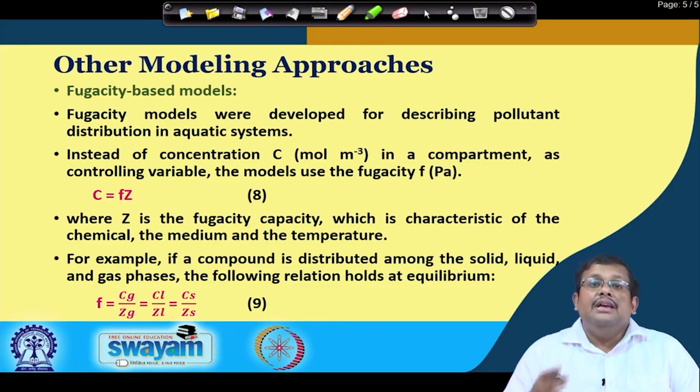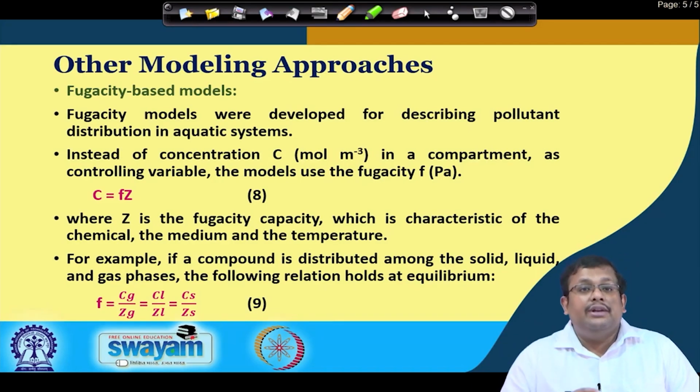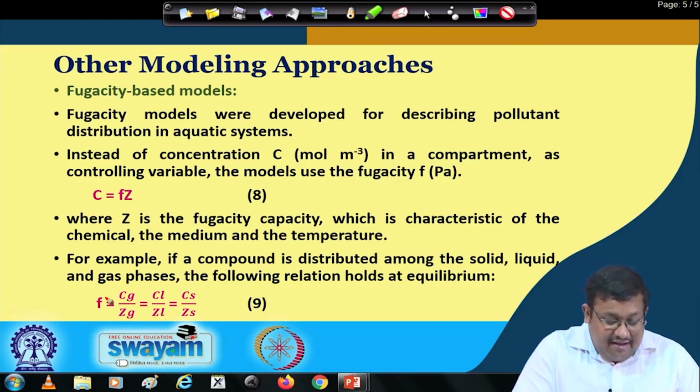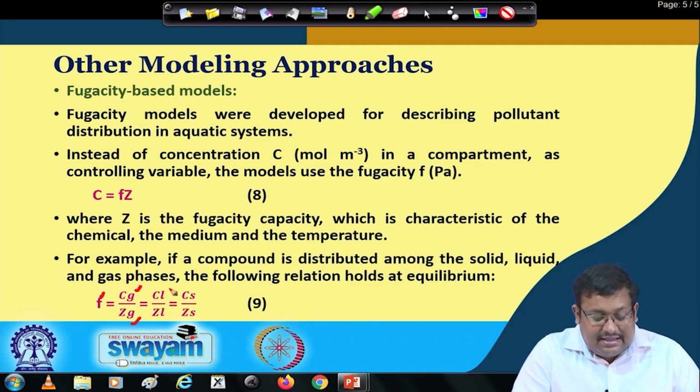Now, for example, let us consider that a compound is distributed among the solid, liquid and gas phases. Then the following relation holds at equilibrium. That is, fugacity f equals the concentration in the gaseous phase divided by the fugacity capacity in the gaseous phase, which is also equal to the concentration in the liquid phase divided by the fugacity capacity in the liquid phase, and then the concentration in the solid divided by the fugacity capacity in the solid.